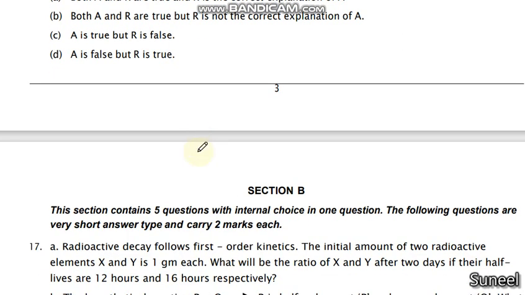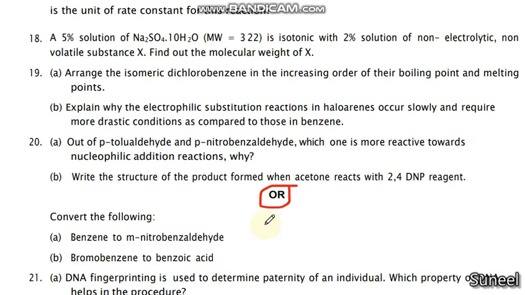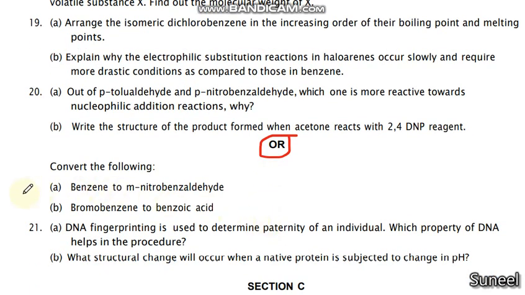Section B consists of 5 questions with internal choice in 1 question. Although each question is of 2 marks, except numericals, each question has 2 parts and the weightage of each part is 1 mark.